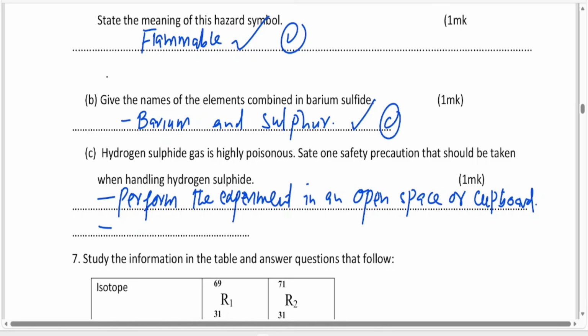Precaution number 2, you wear protective gear, that is face mask. You can wear protective gear, for instance, face mask.